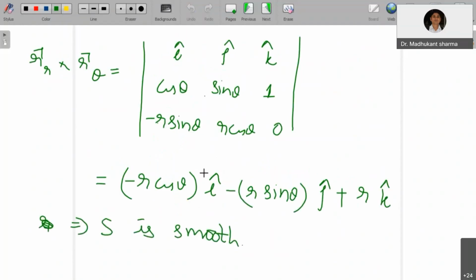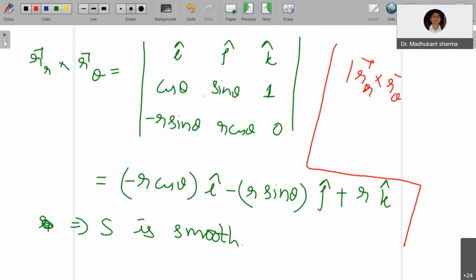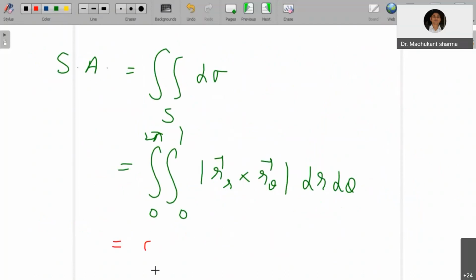The magnitude of r_r cross r_theta is the square root of r square cos square theta plus r square sin square theta, so r square plus r square is 2r square. That is r times square root of 2. So this is the integration from 0 to 2 pi, 0 to 1, square root of 2 is out, r dr d theta.